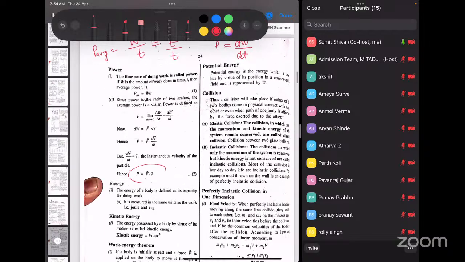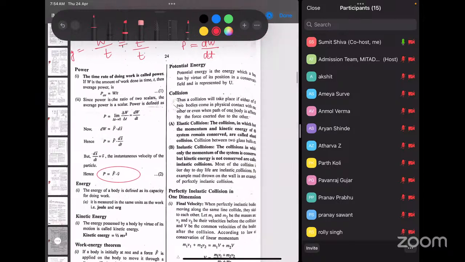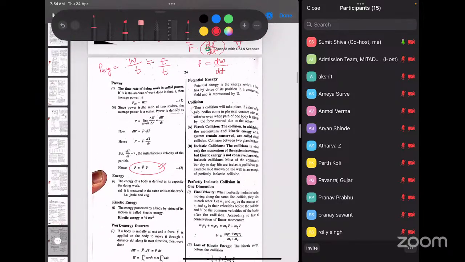So we can also have this formula of power: P equals F dot v, which is a very important formula. It is widely used to calculate power. This formula will work if we are given information in terms of force and velocity of a particle or any system.